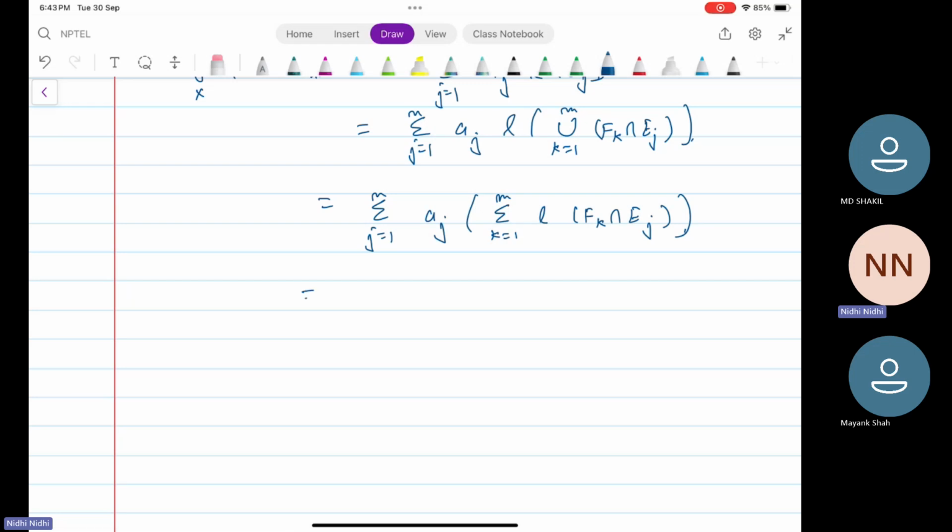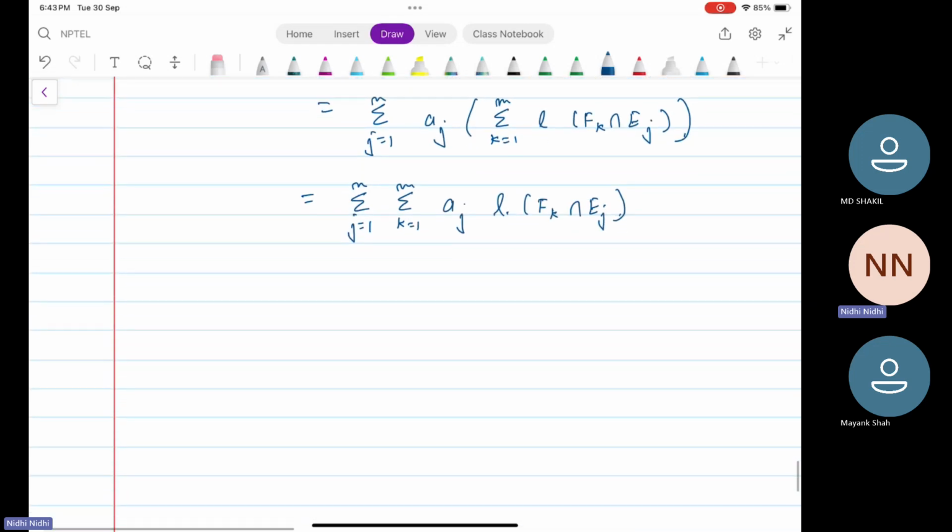So eventually this is summation j from 1 to n, summation k from 1 to m, aj, length of Fk intersection Ej. Now I'm saying that this is less than or equal to summation j from 1 to n, summation k from 1 to m, bk, length of Fk intersection Ej.